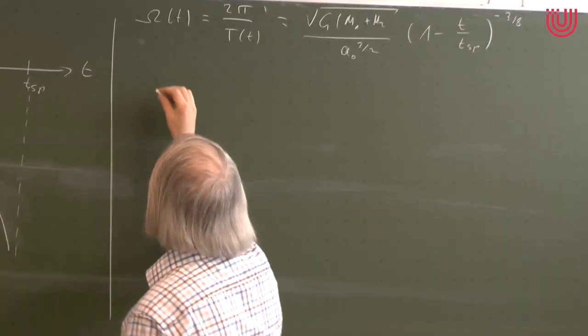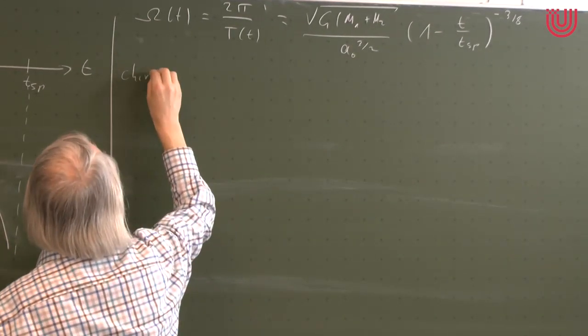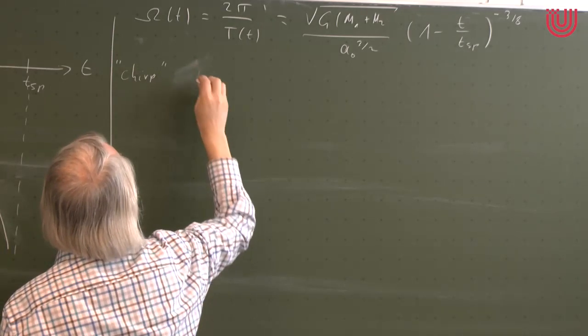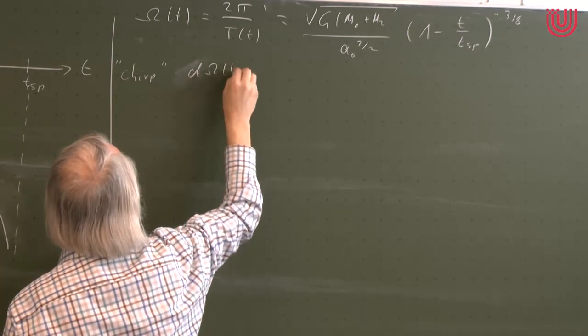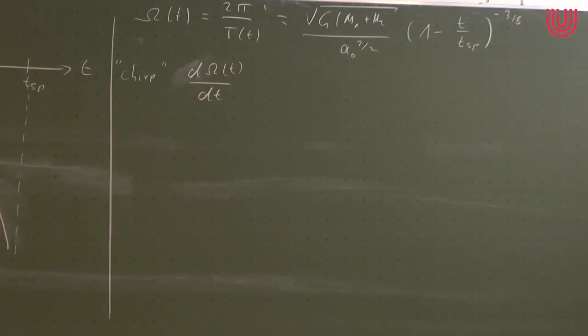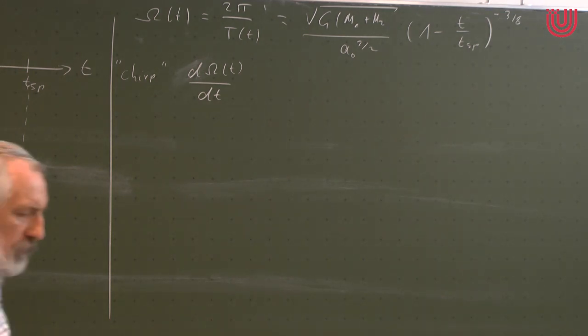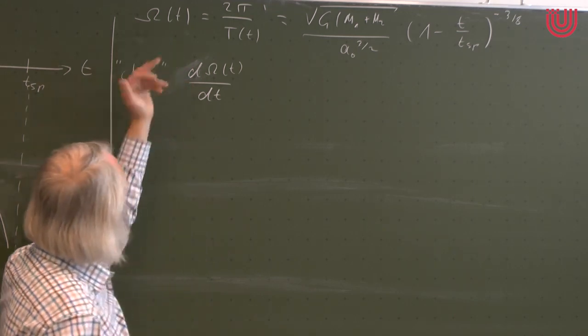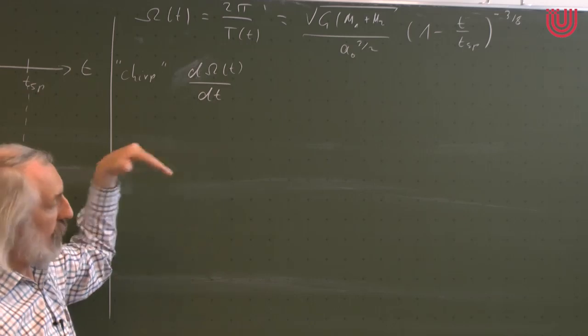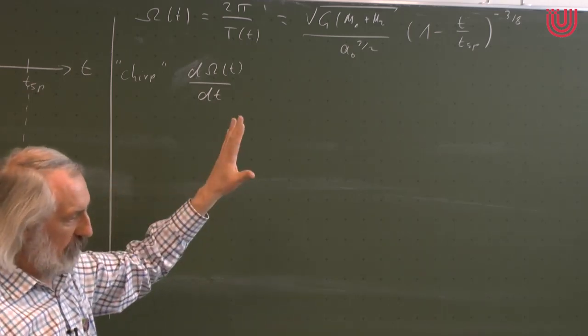And what people often consider is a so-called chirp. This is a time derivative. I had written it in this form. This is a terminology which is used not only in connection with gravitational waves. Of course, it comes from sound waves. If you have a sound wave where the frequency changes, and let's assume this quantity is positive, this means the frequency becomes bigger in the course of time.